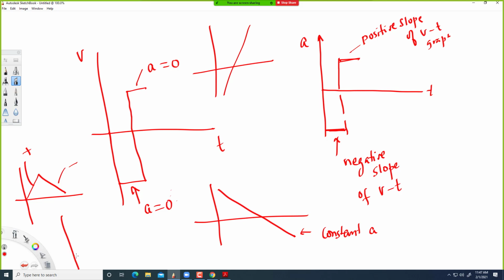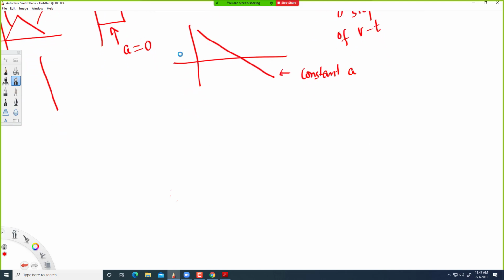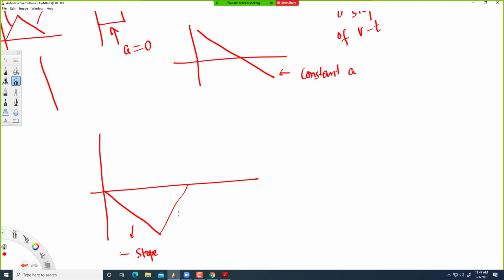How about E? We have that and that. So this one is negative slope. This is positive slope, and the slope is constant. Okay, this is constant.